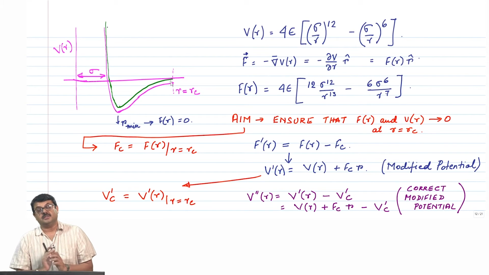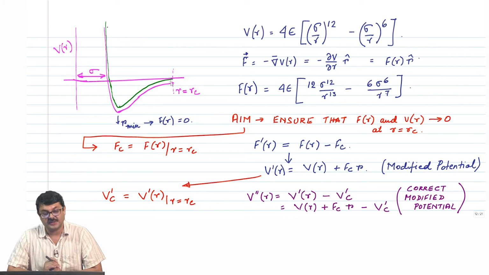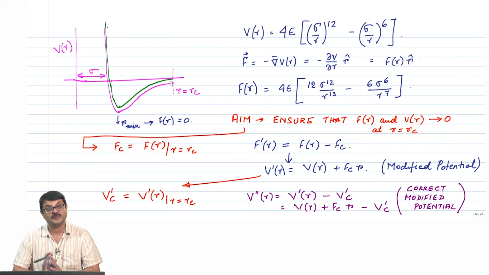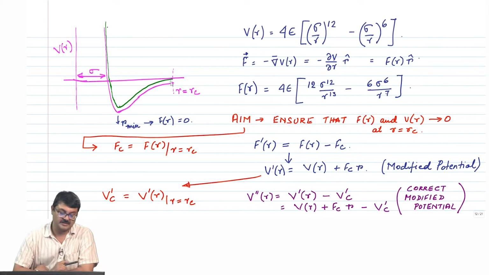The new topic that we are going to start with today is how to do the calculation so that the modified force goes to 0 smoothly at r equal to r c, as well as the potential of interaction between two particles goes smoothly to 0 at r equal to r c, r c being the distance where the potential is set to 0. Beyond that is the so-called cutoff distance, which you can choose to be 2.5 or 3 sigma.